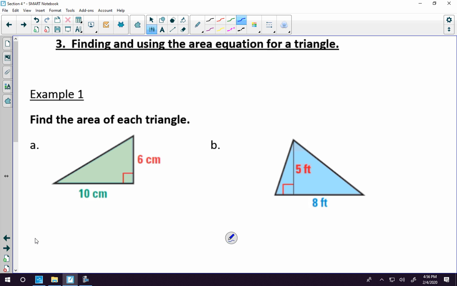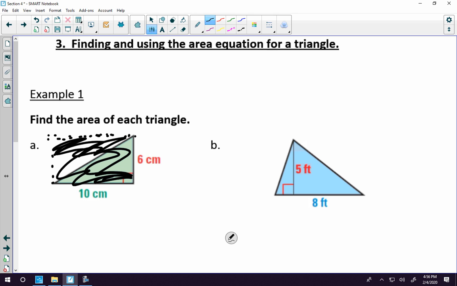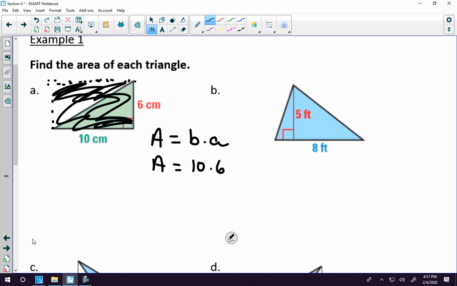Example 1, find the area of each triangle. Since we've already covered rectangles, if we actually create that rectangle we're talking about, the space inside of this rectangle, from 8.3's lesson, is area equals base times altitude. That's the base length 10 times the altitude 6. The area of that black rectangle would be 60 square centimeters.